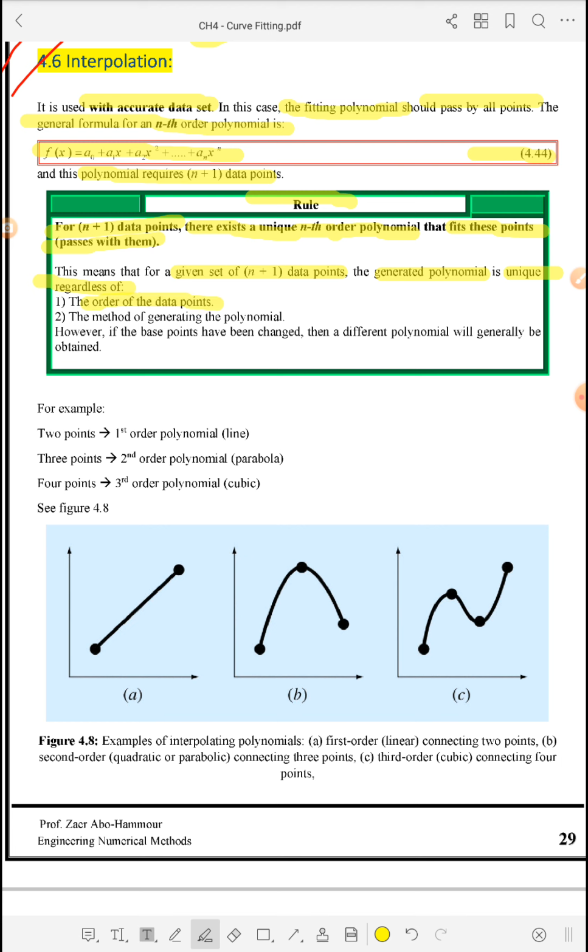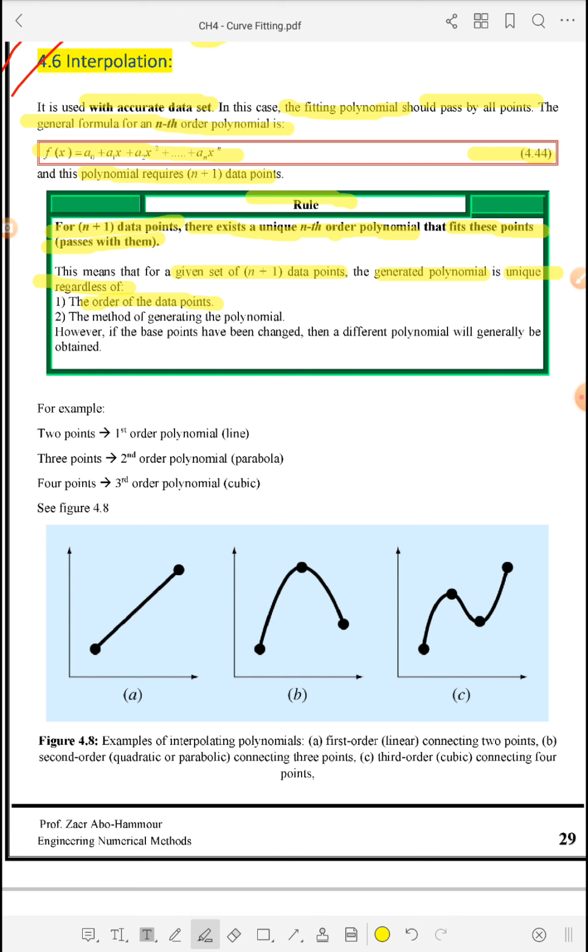If we have any given set of data points from x0, f of x0 till xn, f of xn, the order of those data points should not affect the generated polynomial. If we keep changing the order, or shuffling the data points, the final polynomial will be the same. So this is the first fact regarding the uniqueness of the interpolating polynomial.